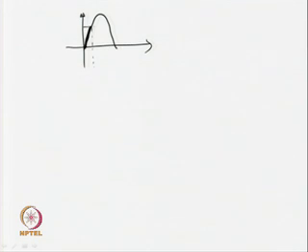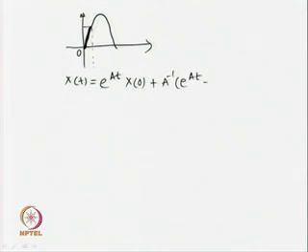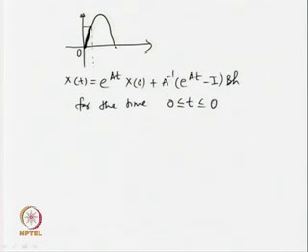One expression for this part of the output, which has got the state equation of the form x(t) is equal to e to the power A t x(0) plus A inverse e to the power A t minus I B H for the time 0 is less than or equal to t is less than or equal to theta.